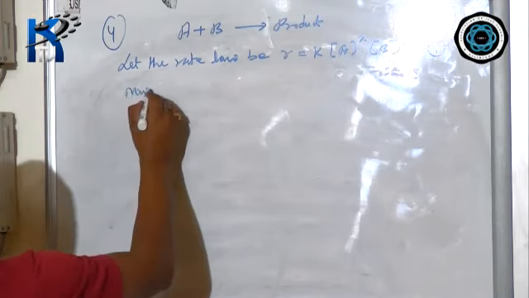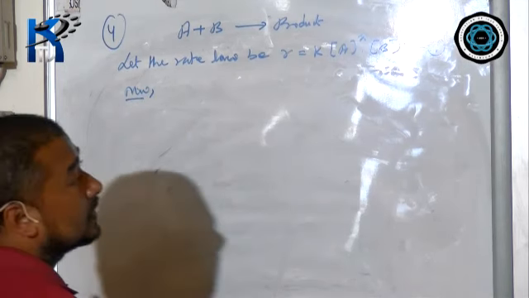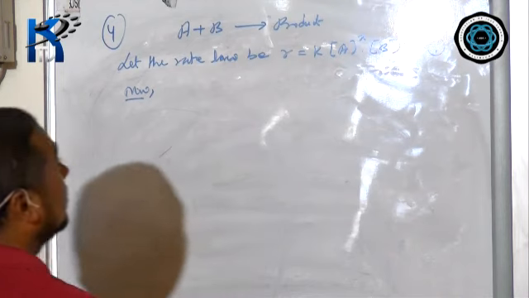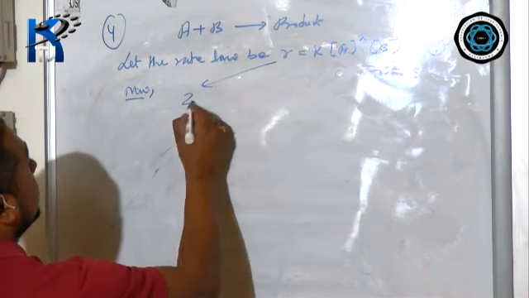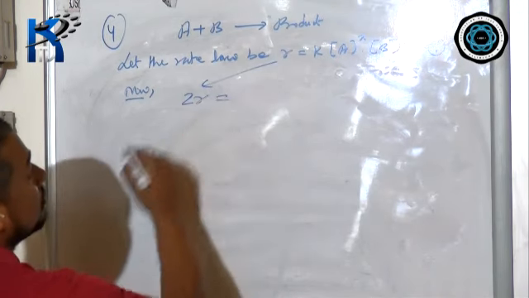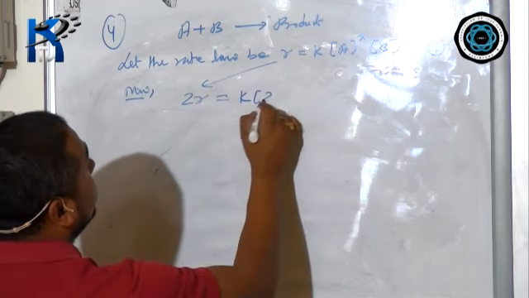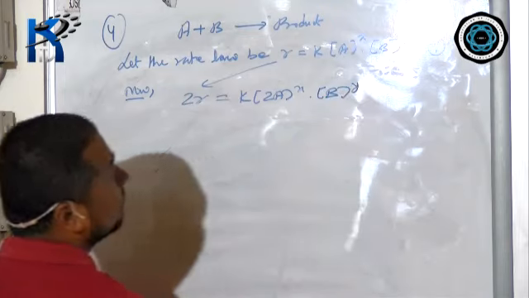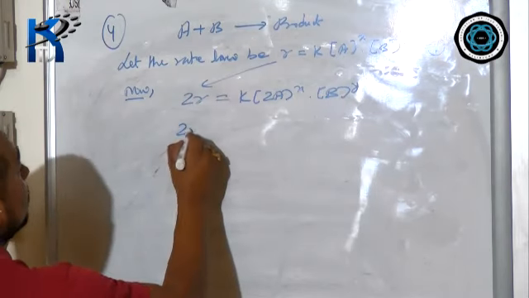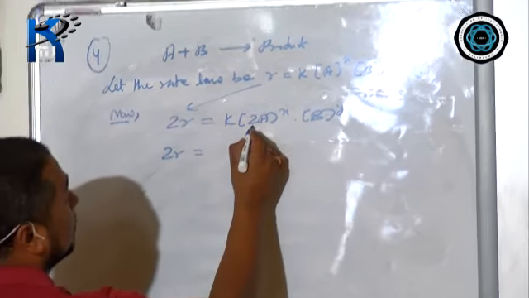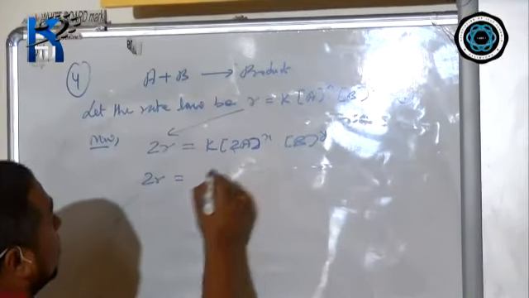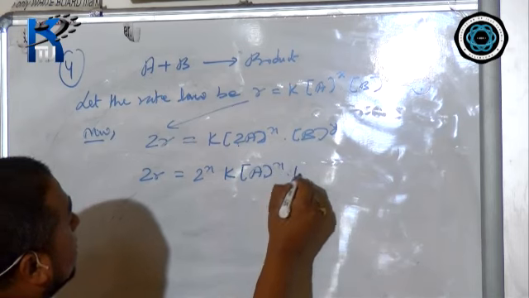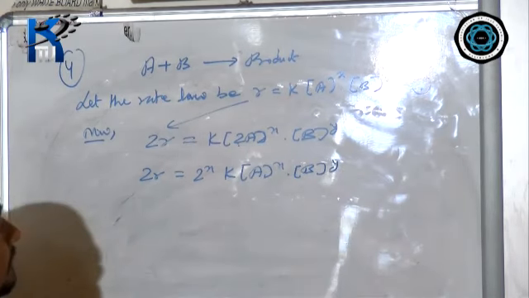Now what the question is saying, you have to read very carefully. Rate becomes double on doubling the concentration of A. So this rate, the question is saying, will become double. So double of R is 2R when you double the concentration of A only. Okay? So 2R is 2R. Take the number out of the equation. So 2 to the power x will come out, and what remains inside is K A to the power of x into B to the power of y.